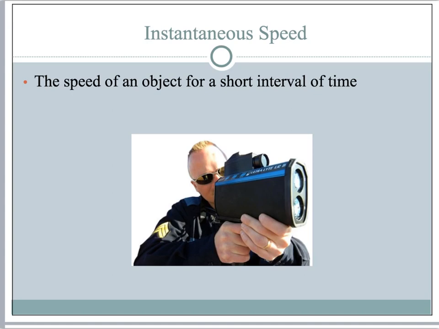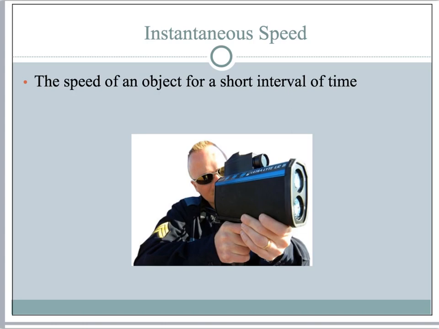Well, hopefully you would say it was instantaneous, because it was at that specific moment that his radar gun clocked you. It was not over a long period of time that he was getting your speed. So this instantaneous concept would be, at that instant, that moment, how fast you were going.